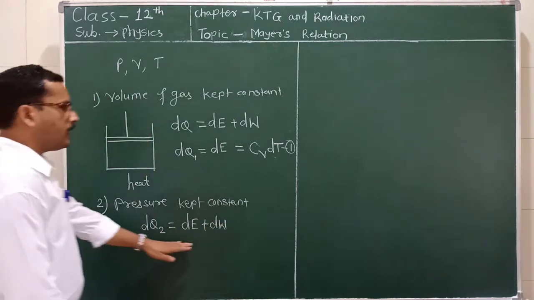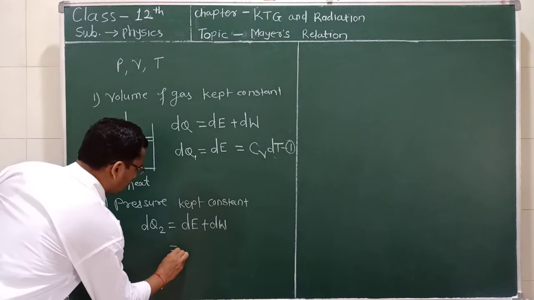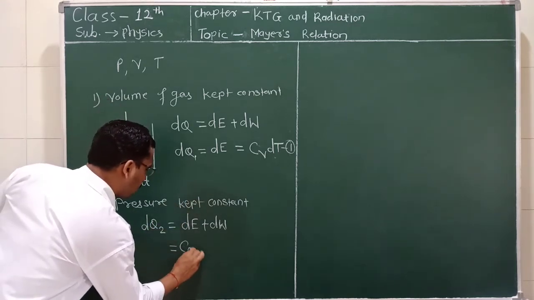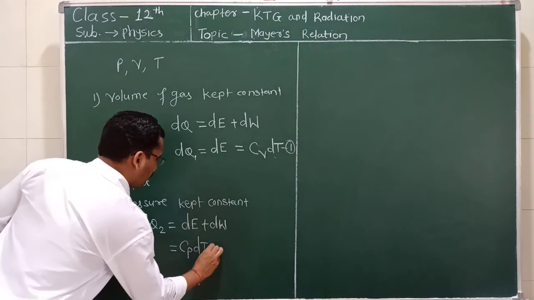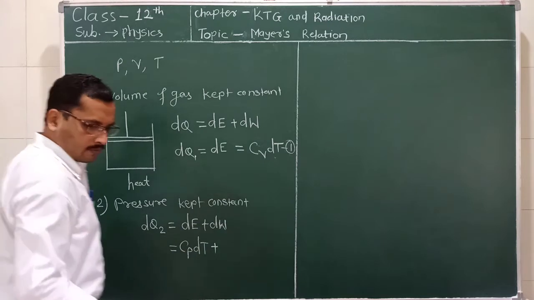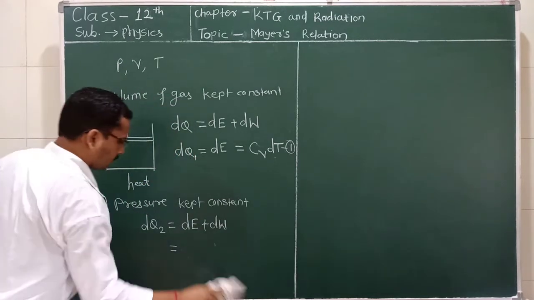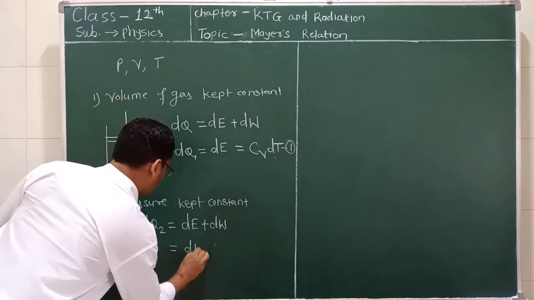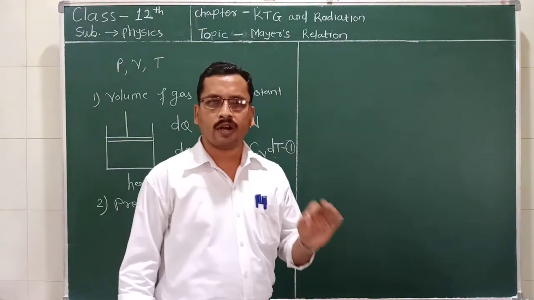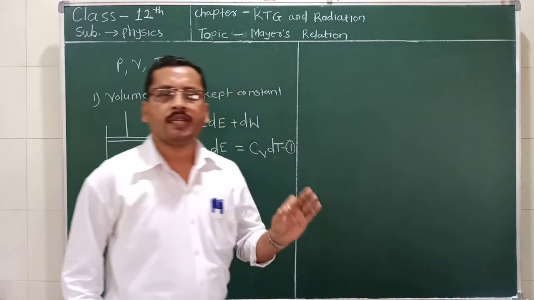So what is the internal energy? The internal energy at constant pressure is equal to Cp dt plus dW. What is dW? dW is nothing but the work done to increase the volume.